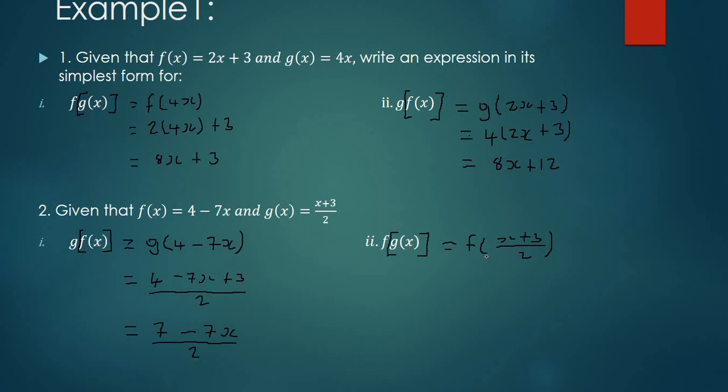Here it is all about substituting x plus 3 over 2 in the function f of x. So anywhere we see x, we're going to replace it with x plus 3 over 2. So this is going to equal 4 minus 7 times, instead of putting back x, we're going to replace it with x plus 3 all over 2.